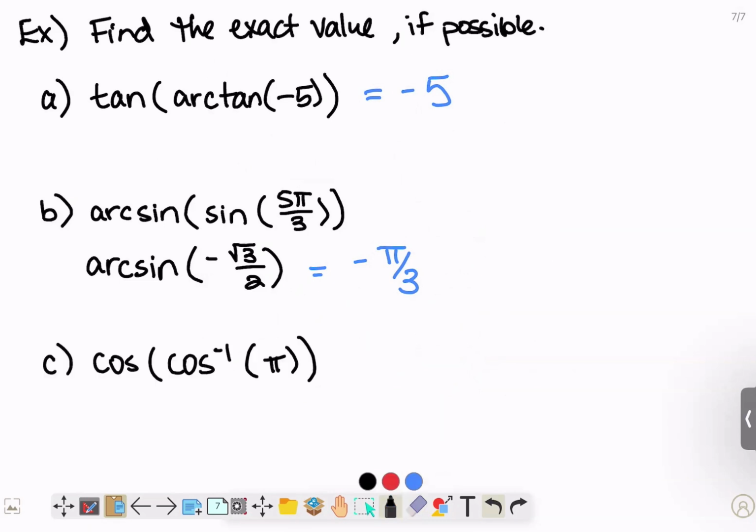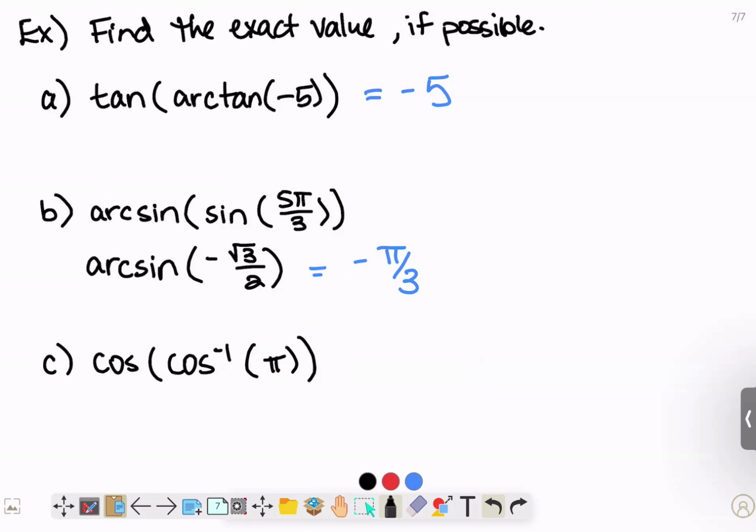All right, here again, we could work from the inside out, or you can go straight to checking to see if the numbers are in range. So here, if I want to find cosine inverse of pi, I need to make sure that pi is in the domain of cosine inverse or arc cosine. And it is not.